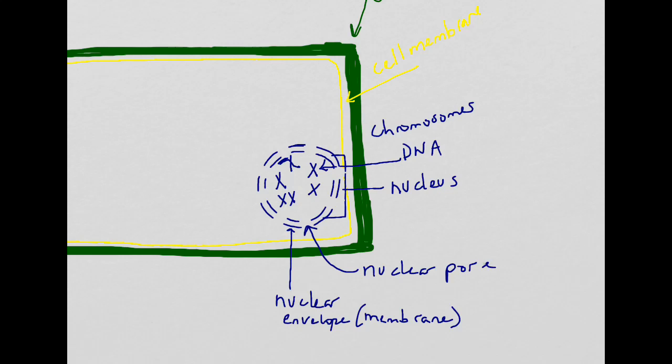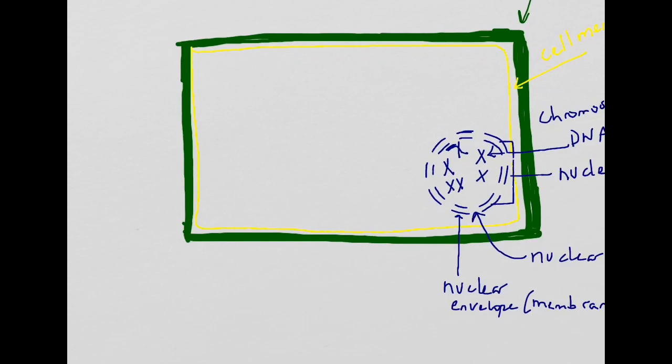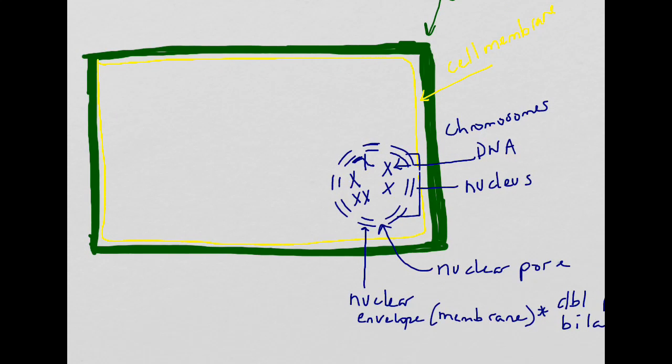Okay, allows proper things to go in and out of the nucleus. Okay, remember that the nuclear membrane is special because it is a double phospholipid bilayer. That's special. Okay. All right. So that's our nucleus. Inside of the nucleus, like I said, you find the chromosomes.